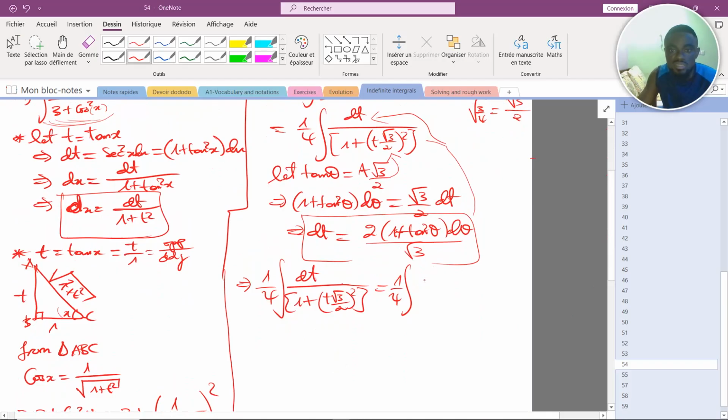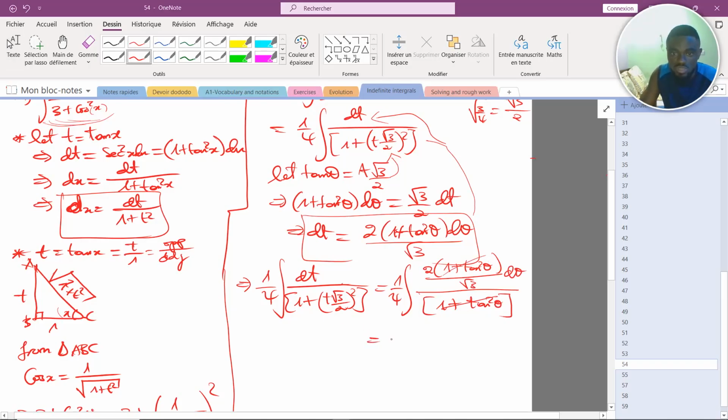My dt is, this is my dt, 2 into 1 plus tan square theta all over root 3 d theta. So I substitute, my tan theta was equal to this. This becomes 1 plus, this is tan theta, so I'll have tan square theta. You see that this root 3 will go under, and this will go with this. You get what I'm saying?